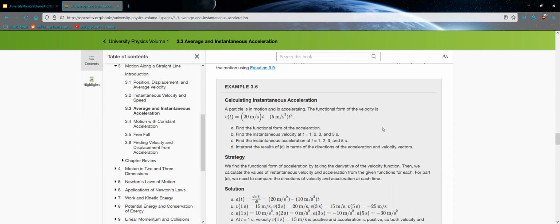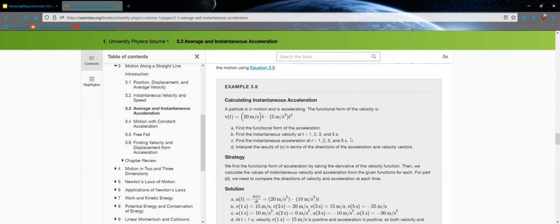So the thing is in motion and it's decelerating, right? It has a negative velocity, so it's braking. So given that information, find the functional form of the acceleration. What's acceleration looking like? Tell me the velocity and acceleration at specific time intervals and interpret what you're saying there.